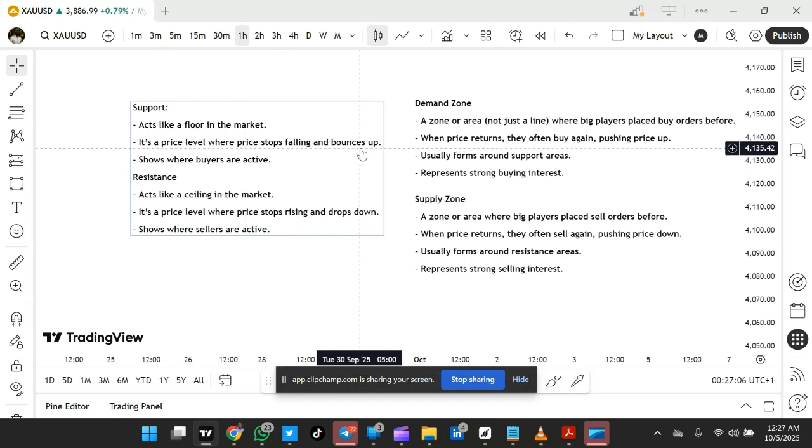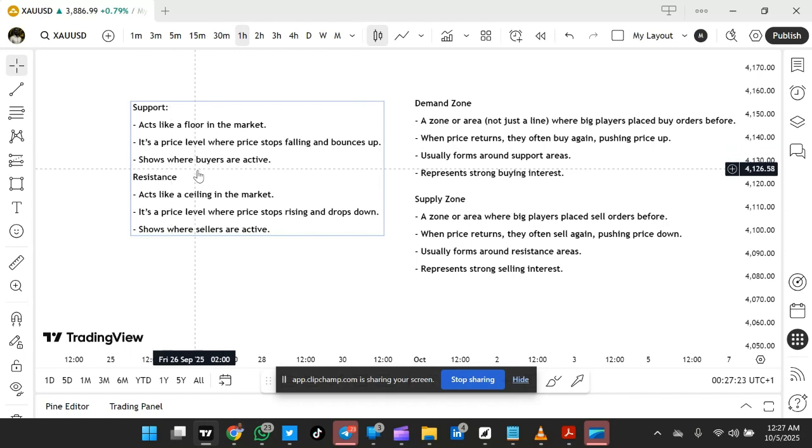Just like when you drop a ball on the ground, it bounces, stops, bounces, stops, bounces. It will never go below the floor level. That's like a support. Now this shows where the buyers are active, like the retail traders or the retail buyers. But the smart money, the smart guys, do not follow this kind of system. But don't worry, I'll talk more about it.